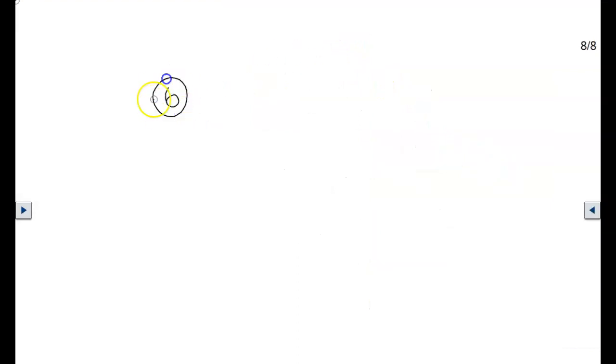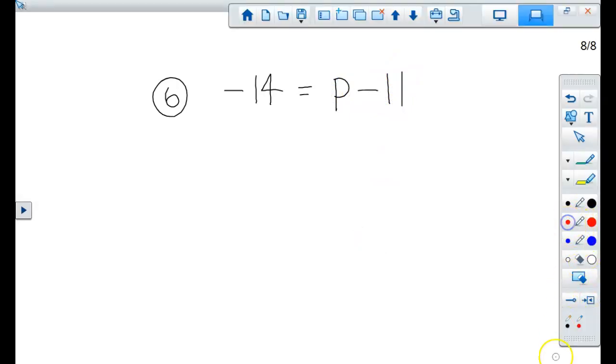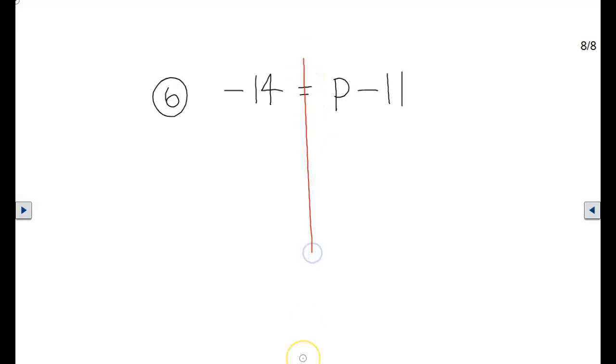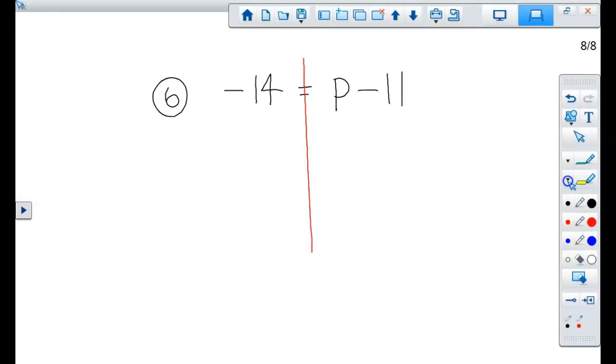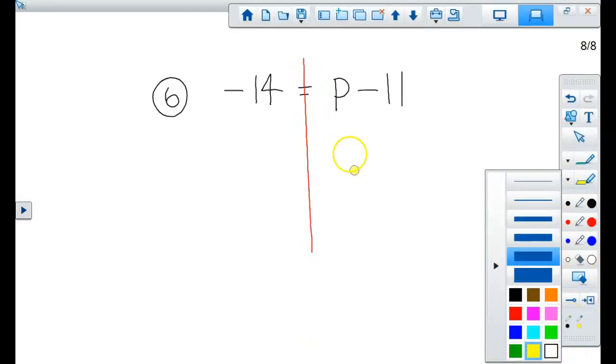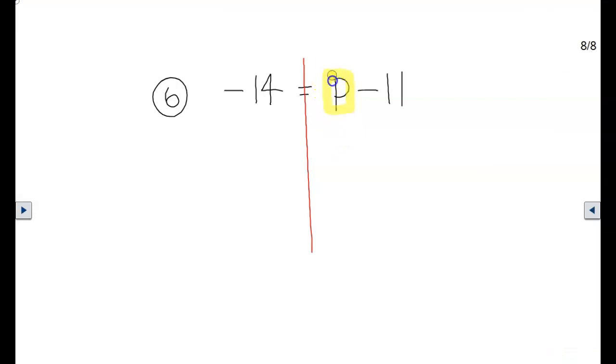Now, we've done several. Let's write the equation in a way that's a little bit different, just to show you that this same technique will work on any of these equations. You have here negative 14 is equal to p minus 11. You are still going to start out by drawing your line through the equal sign. You are still going to remember that you want to get P by itself, that is the goal.